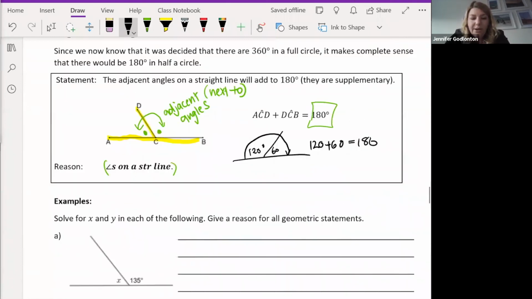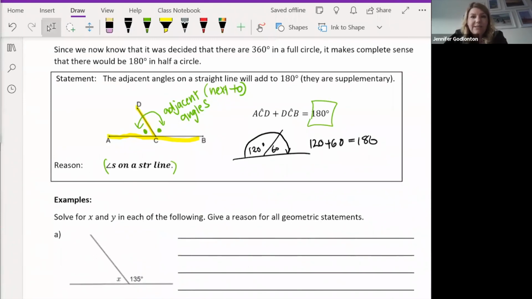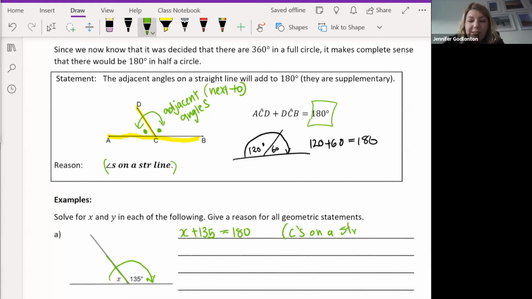Okay, let's start with something super nice and easy just so that you understand the rule. If we were looking at this question here, these two angles share an arm, which means they are adjacent to each other, okay? And if they are adjacent, we're allowed to use this rule. So I can say x plus 135 is equal to 180 because of angles on a straight line.